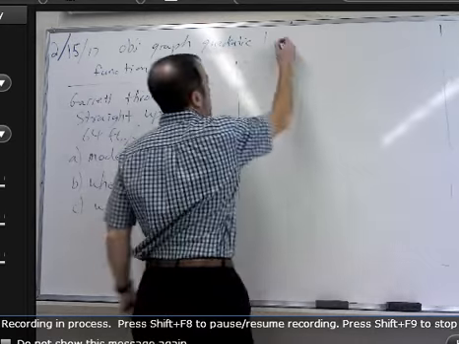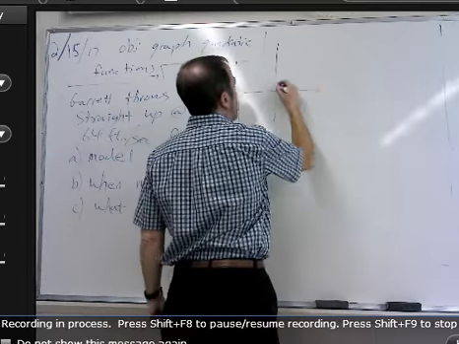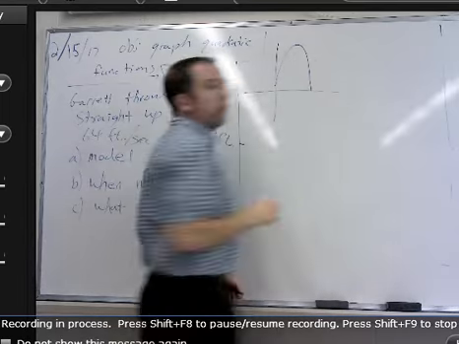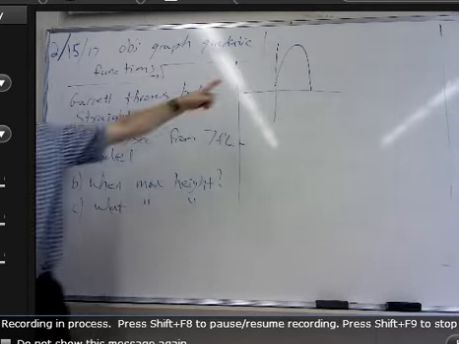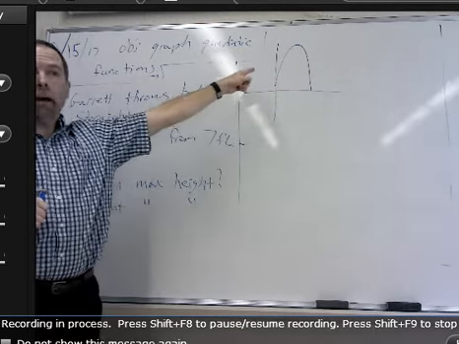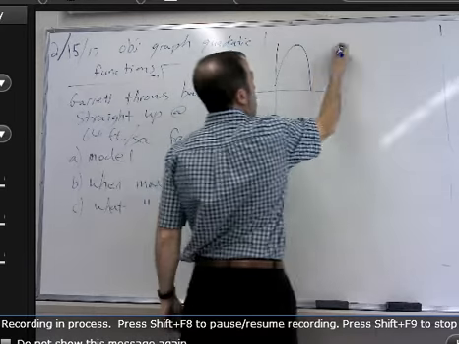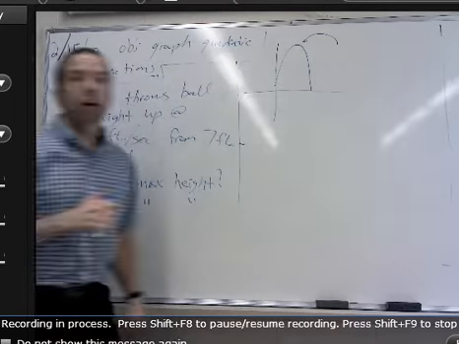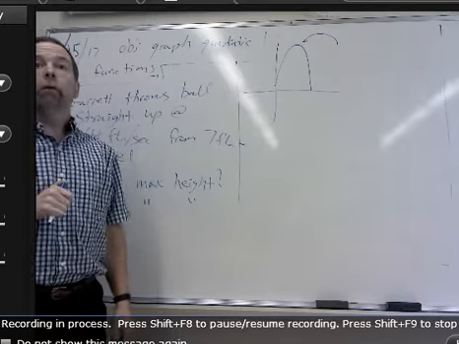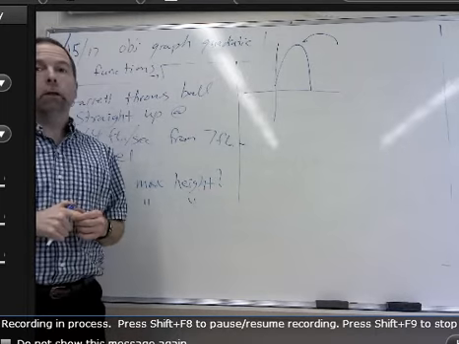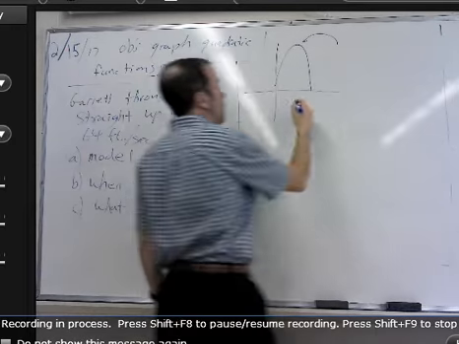Okay, so here it is. There's the flight of the ball. Looks an awful lot like a parabola, and this point up here is the vertex. It is the vertex, which is also the max. So if you want to find the max or the min, that really just means find the vertex.